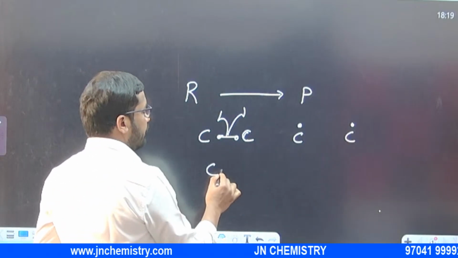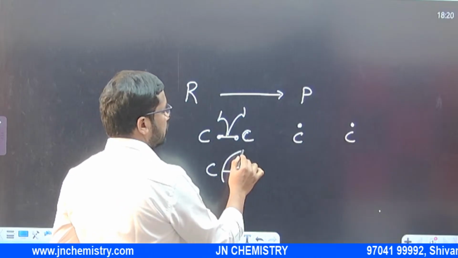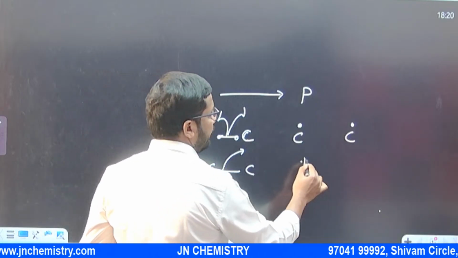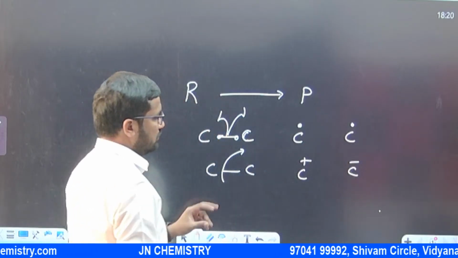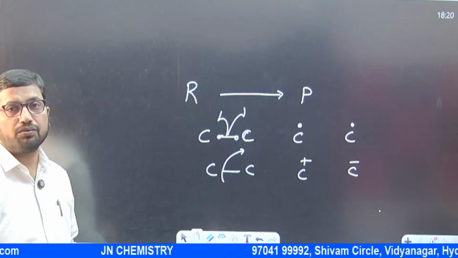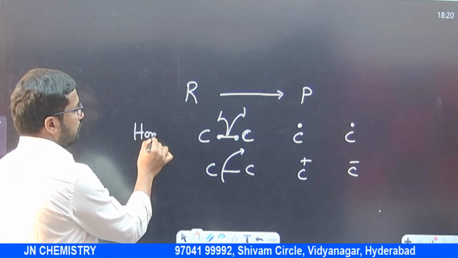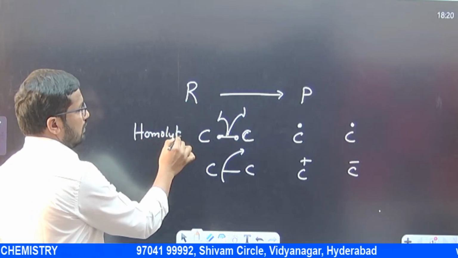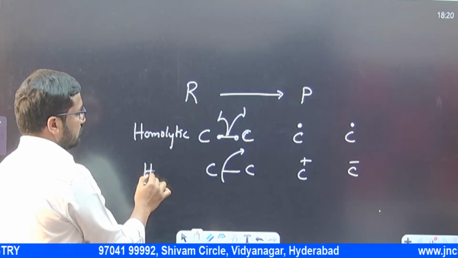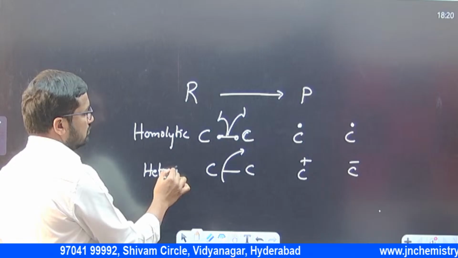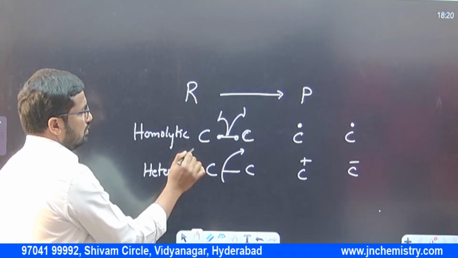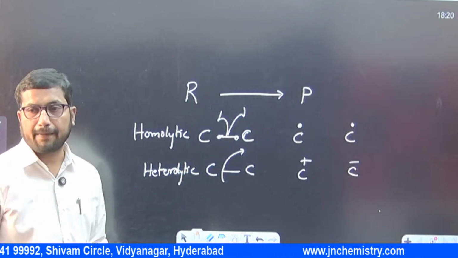For example, heterolytic cleavage is unequal cleavage, giving C plus and C minus. So first we need to know the types of breaking: homolytic, heterolytic.